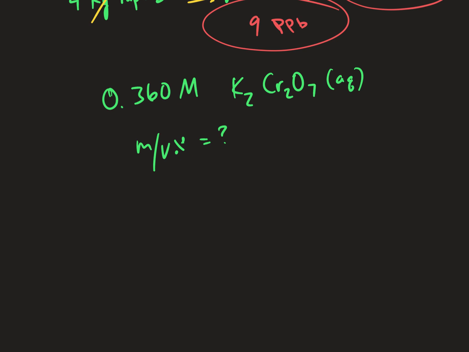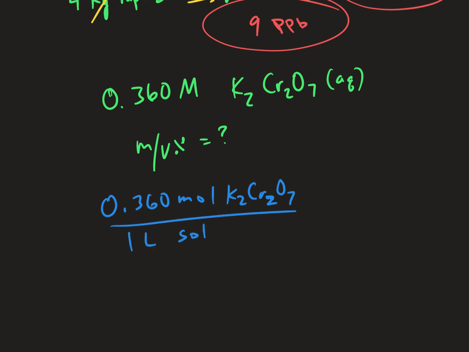So let's change colors for a minute. We have 0.360 moles of K2Cr2O7 per 1 liter of solution, right? That's what molarity means.